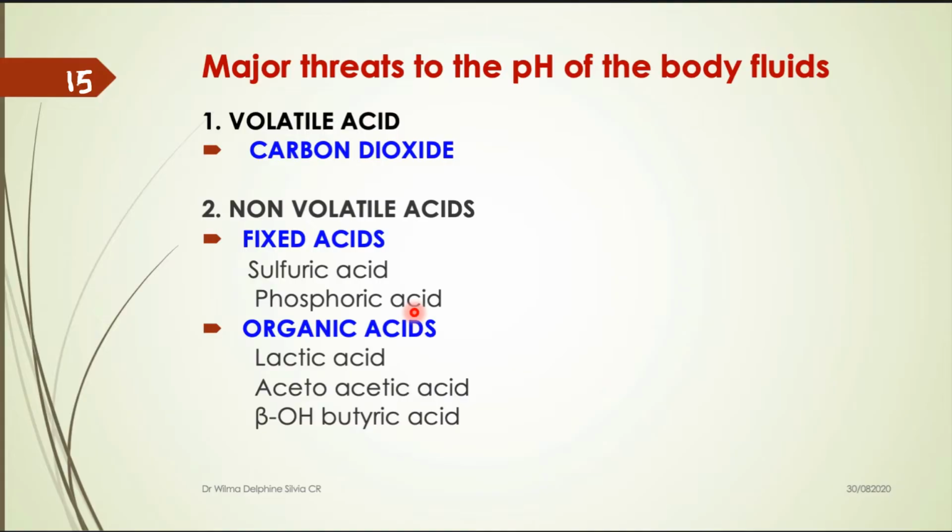In contrast to carbon dioxide, sulfuric acid and phosphoric acid are non-volatile and have therefore been termed fixed acids. Then we have the organic acids; the common organic acids which we always discuss are lactic acid, acetoacetic acid, and beta hydroxybutyric acid.